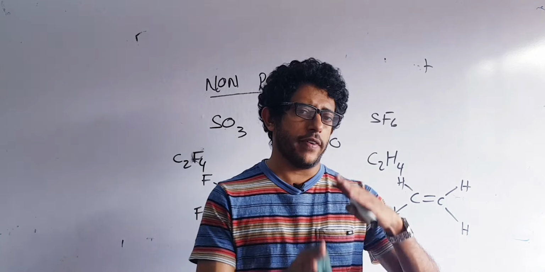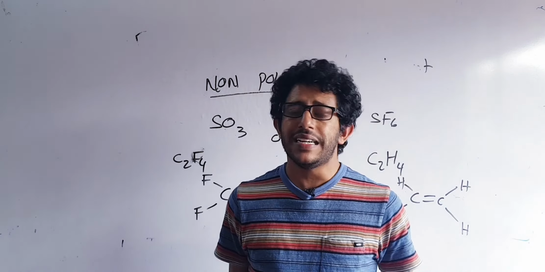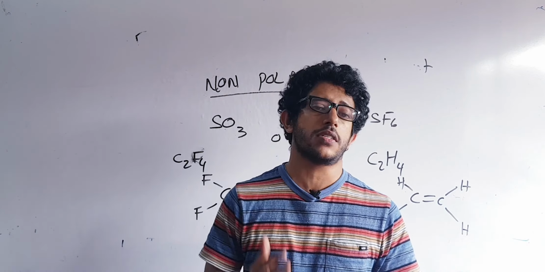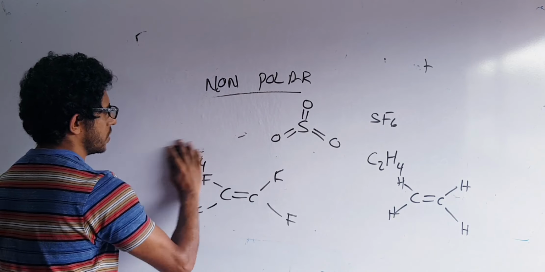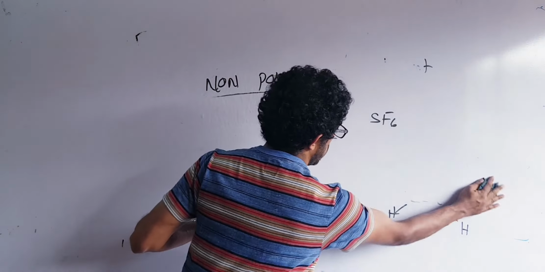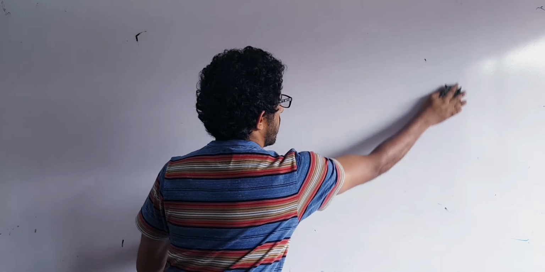Depending on whether the molecule is polar or non-polar, the type of attractive forces they have is different. We are going to look at the common three types of forces of attraction. So you have to remember how to figure out whether the molecule is polar or non-polar.